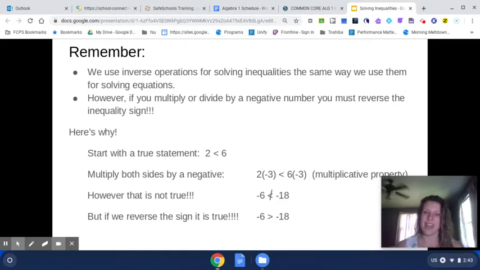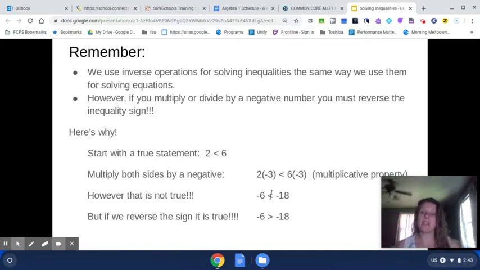And here's why. So if we start with a true statement, 2 is less than 6. That's true. We know that we should be able to multiply both sides and get another true statement. That's by the multiplicative property.